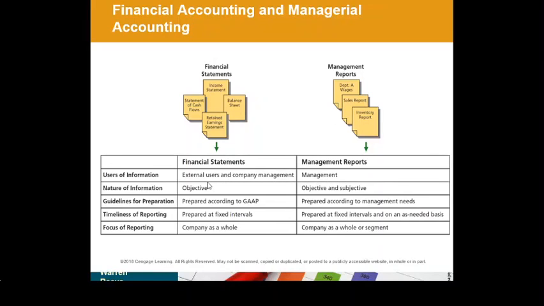The nature of information for financial accounting is very objective, because it is based on past information, and it must be prepared strictly according to GAAP, which is the generally accepted accounting principles. In Malaysia, the accepted accounting principles are the accounting standards set by MASB. However, for management reports, the accounting information is both objective and subjective.